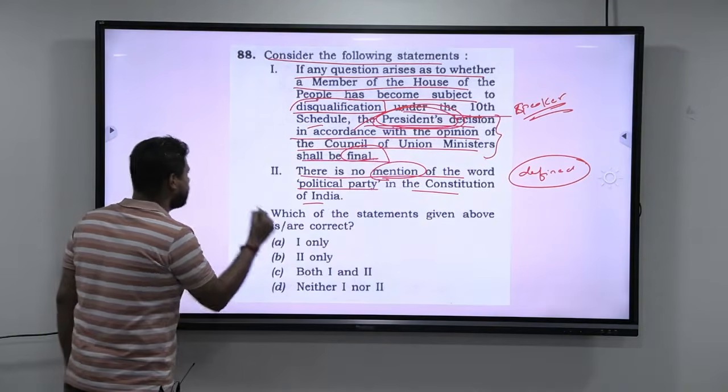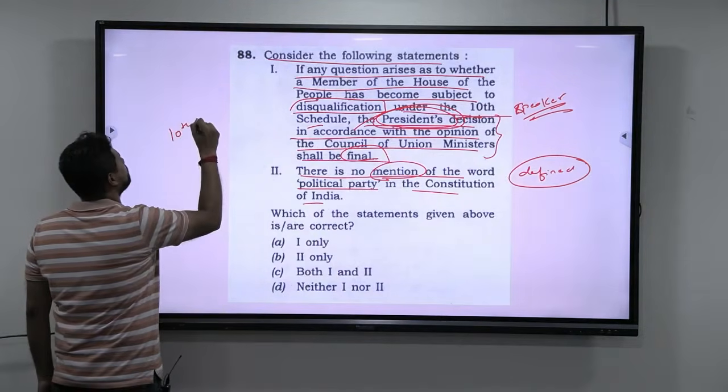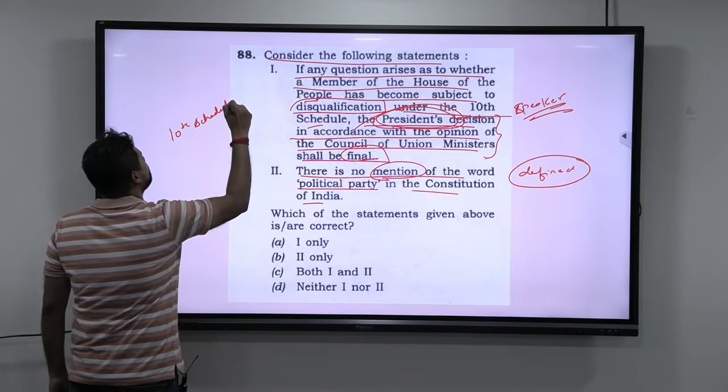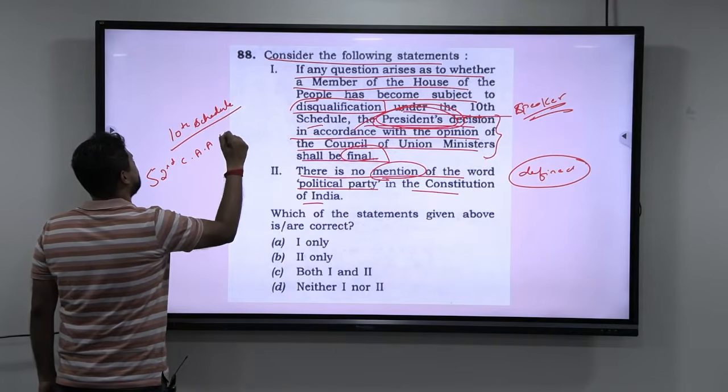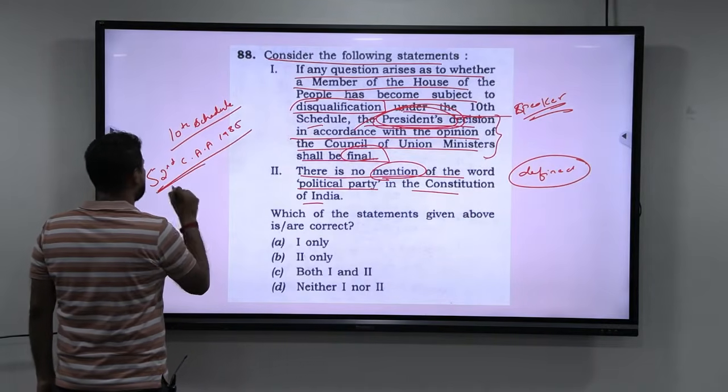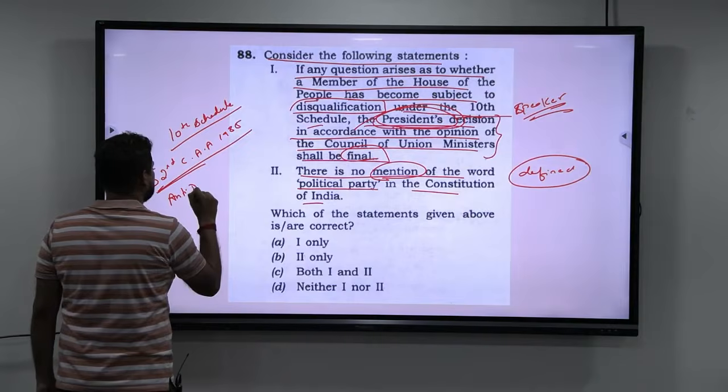Why? Because if you take the 10th Schedule, the 10th Schedule is the 52nd Constitutional Amendment Act 1985. This is what is talking about the anti-defection law.